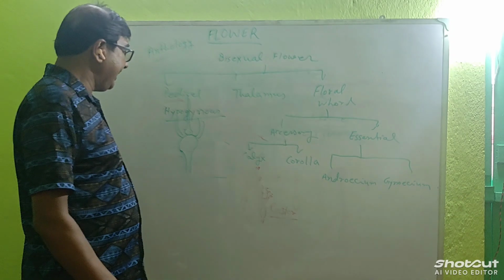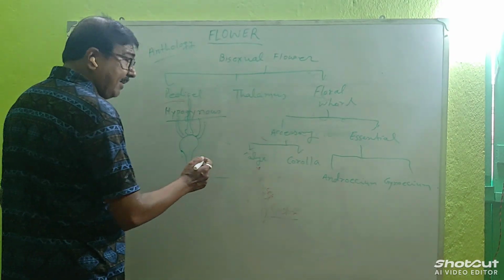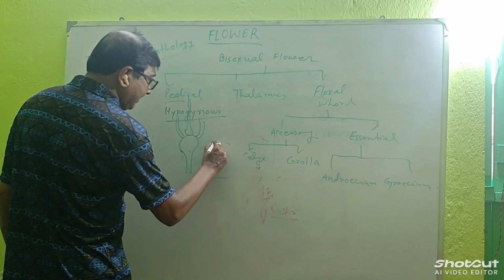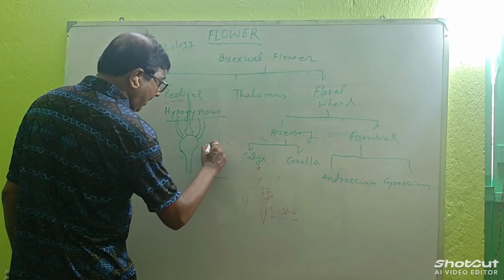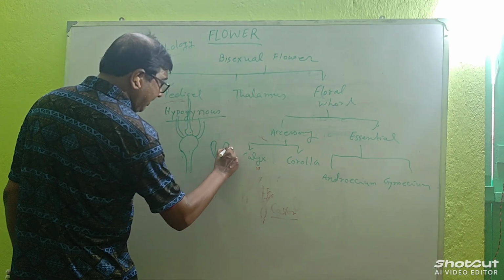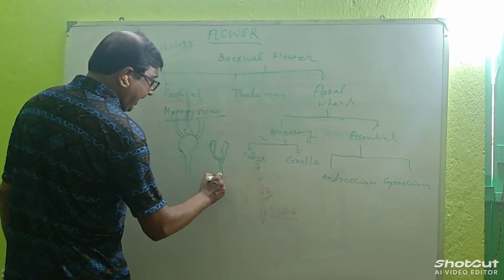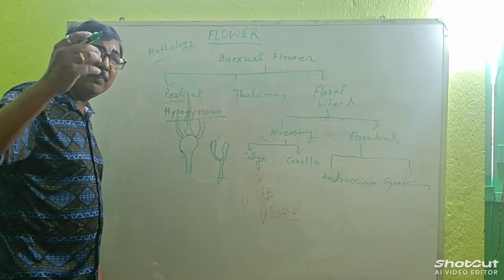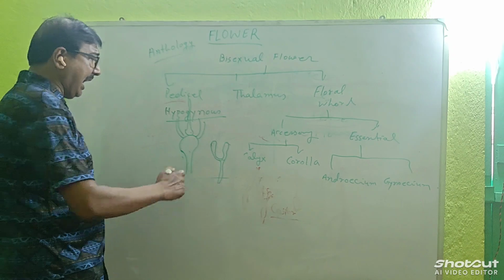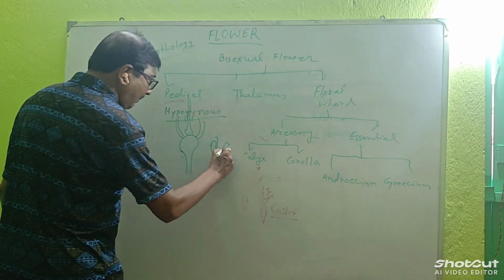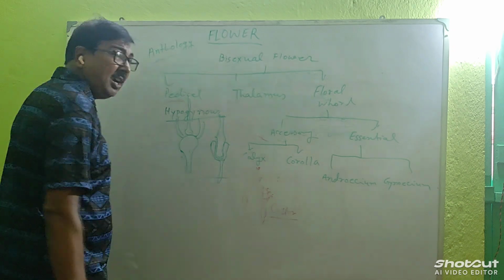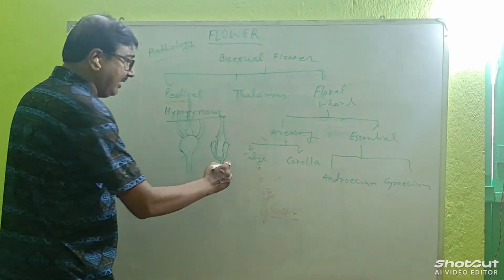And then epigynous. Epigynous means the thalamus grows upward like this, and the ovary is completely enclosed and fused.